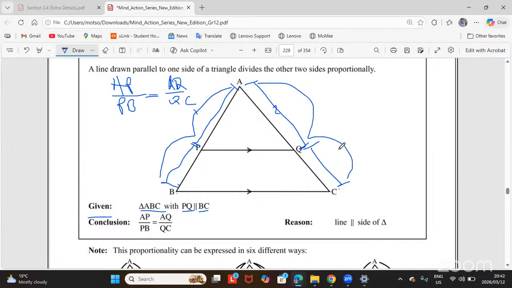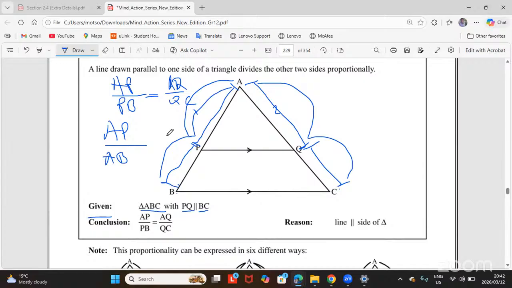Perfect. Now that can also work like this. We can say AP over everything, AB.